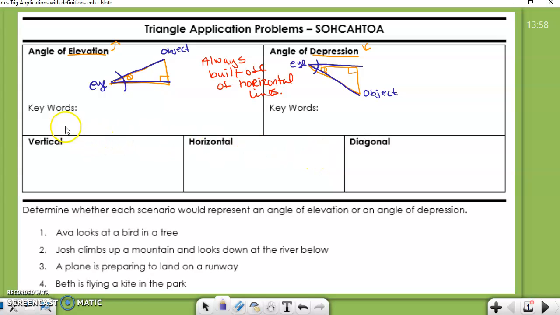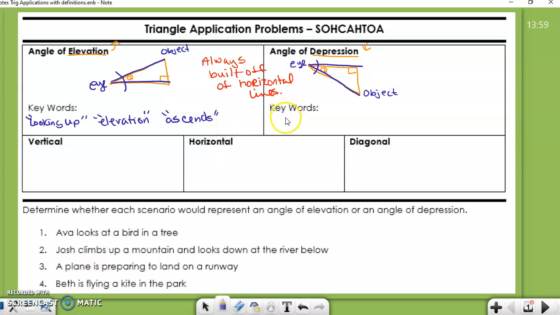Okay, so key words for each. If you're thinking about elevation, you think about things like looking up at something. Of course, elevation, ascends would be another one.